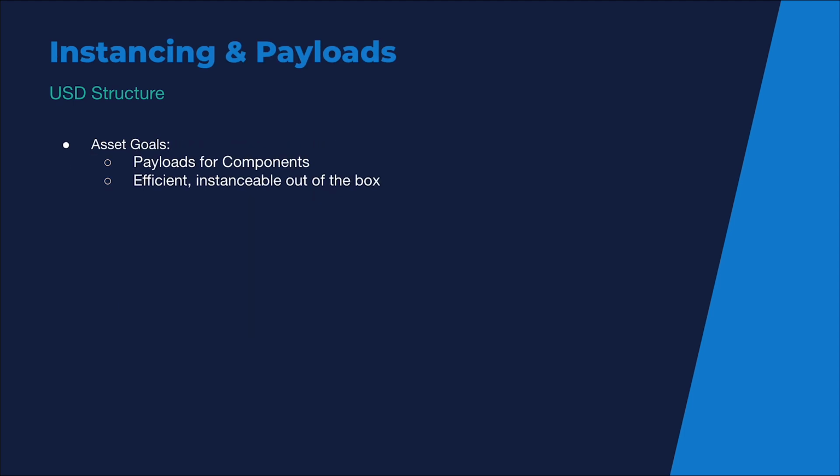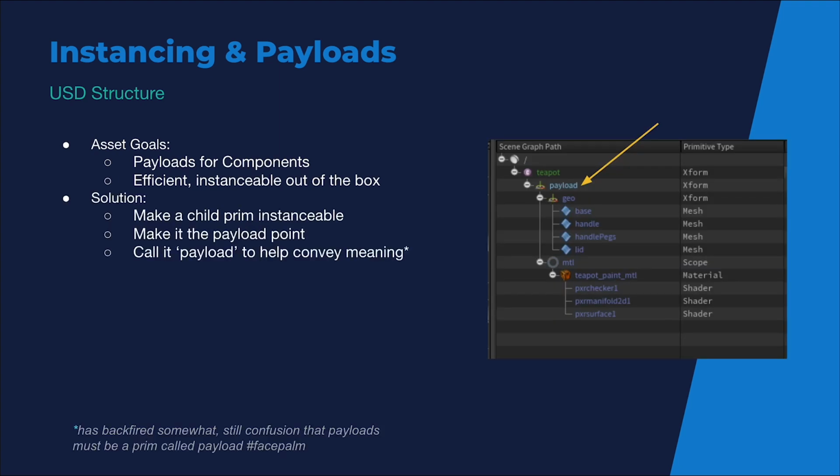So two goals of our component assets were, one, that they would all have a payload, but two, we wanted them to be as efficient as possible right out of the box. Our solution was, instead of having the component root prim itself be instanceable, we actually instance a child prim.